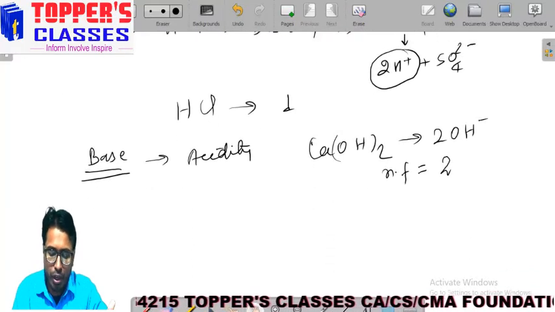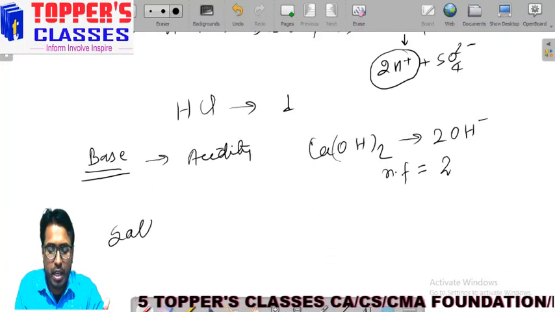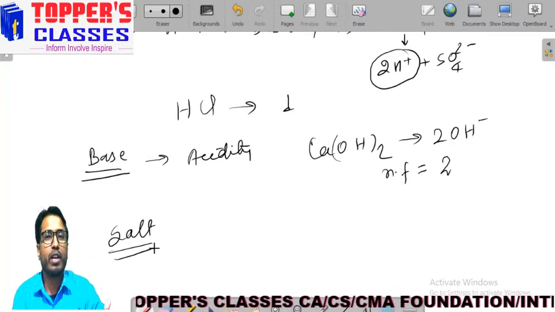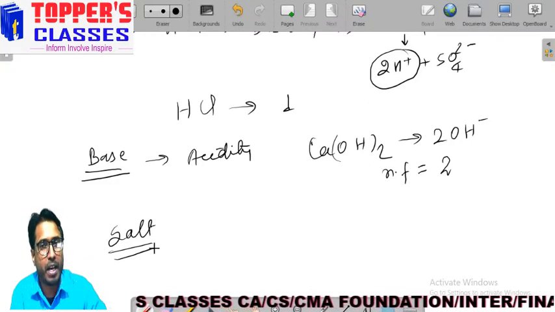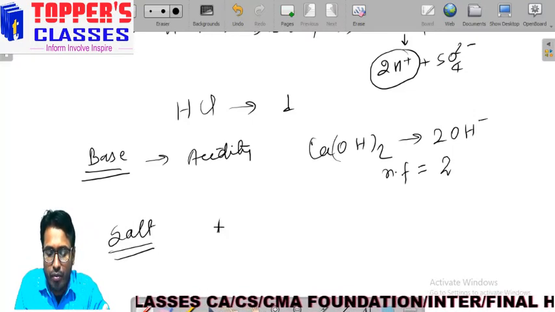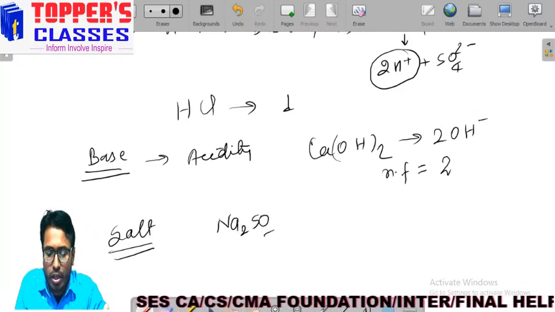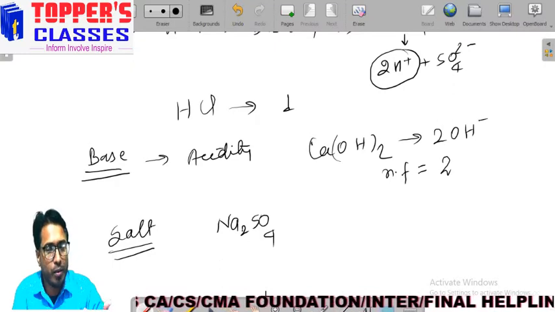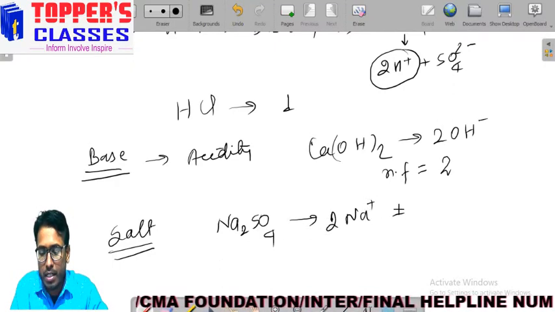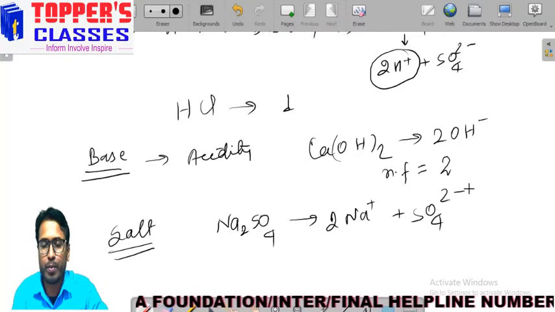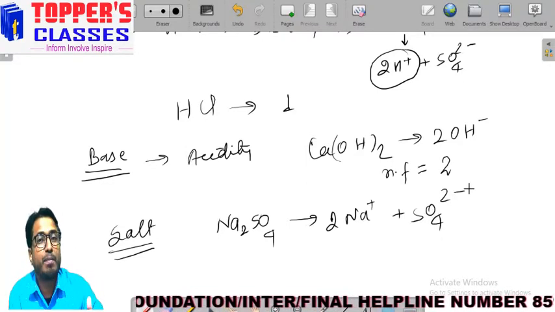Now if we talk about salt, in the case of salt the n factor will be the number of cations or anions. Let us say we have Na2SO4, it is a salt. It dissociates into 2Na+ and SO4 2-. How many ions are there, either positive or negative?